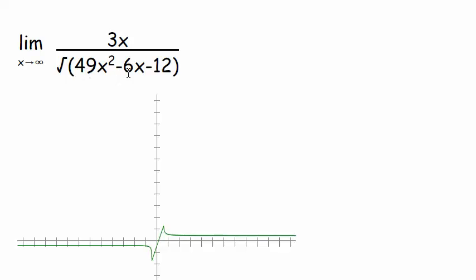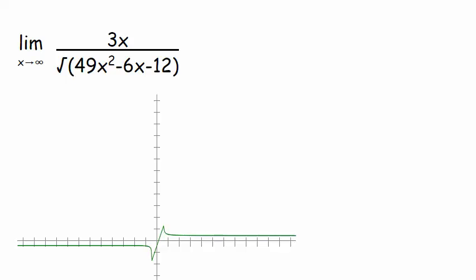You get 0 over the square root of negative 12 down here in the denominator. And you can't have a negative number under the radical, right? It's not in the domain. Anyway, what we're really concerned about is what's happening to our y value as x gets larger and larger as we go out towards infinity.